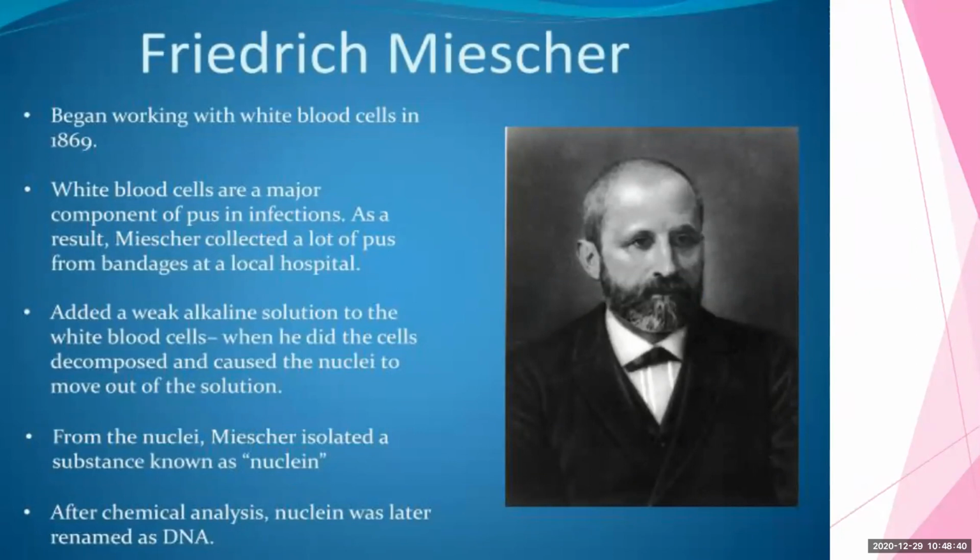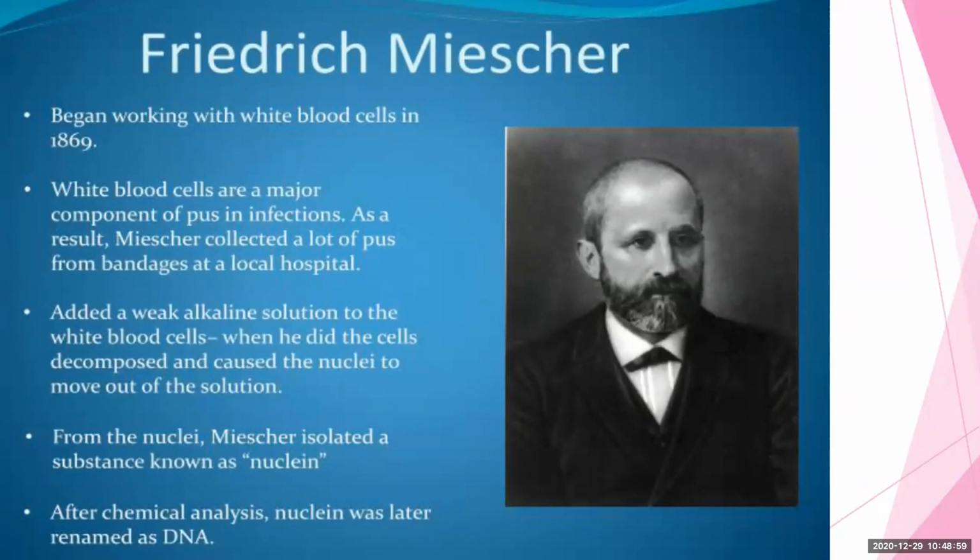White blood cells are the major components of pus in an infection. When our body gets infected, sometimes there is pus inside. So pus consists of white blood cells. He collected the pus from many hospitals, and he was doing research on that.